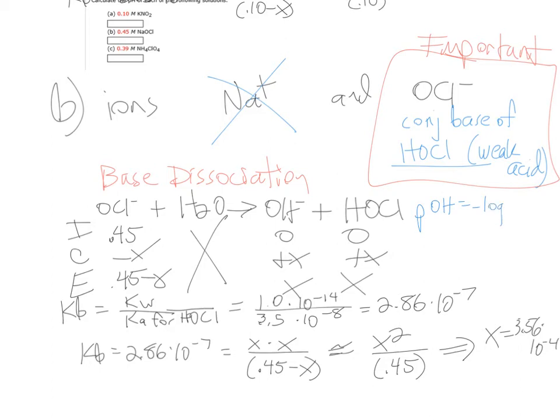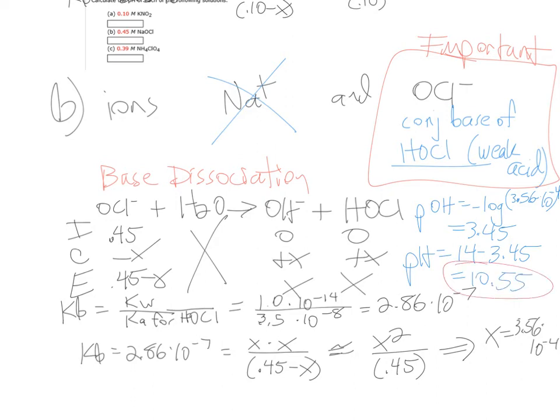So we can find pOH by taking the negative log of the value of X, 3.56 times 10 to the negative fourth. If you negative log that, we get 3.45. And then pH would be 14 minus that number, which works out to be 10.55.